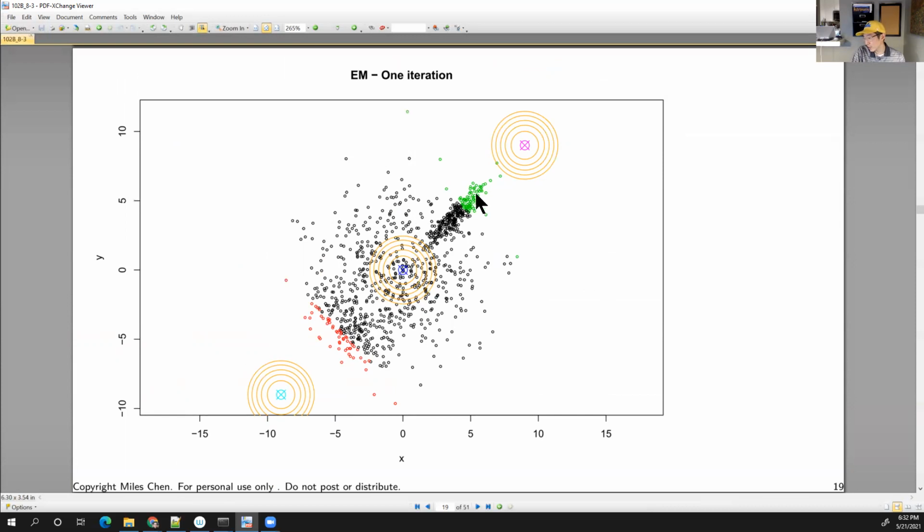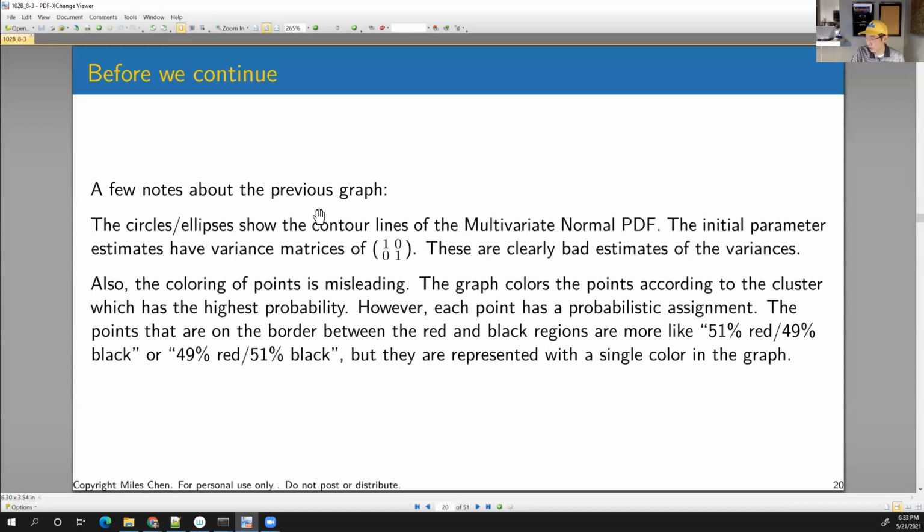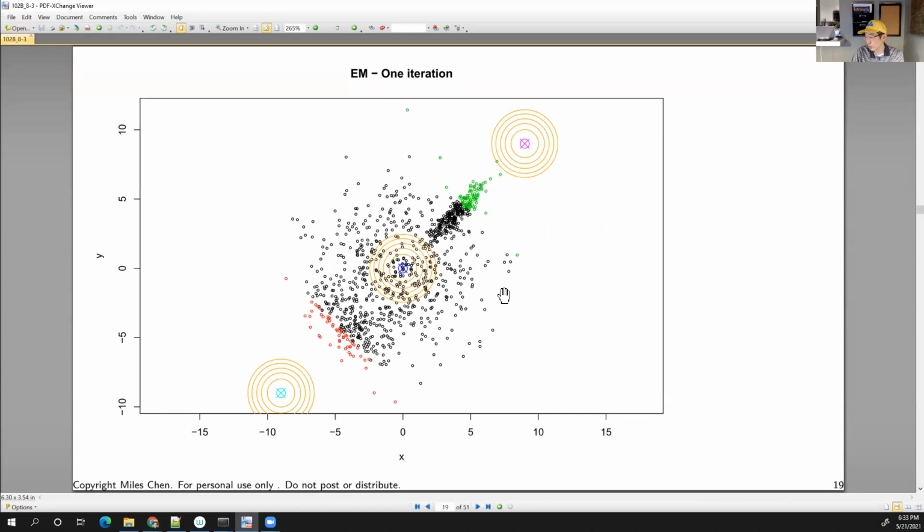It looks like these are just clustered to one thing or not, but everything is probabilistic. I think I write this on the slide. Points on the border are 51% red, 49% black, or 49% red, 51% black, but they're represented with a single color. That's something we have to keep in mind.